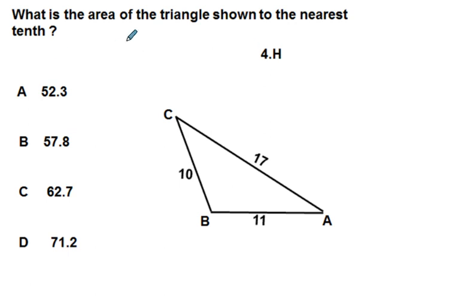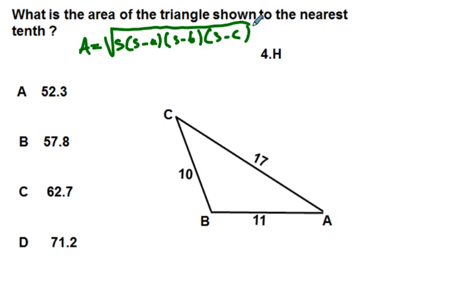As far as area, we have three sides, so we use Heron's formula: area is equal to the square root of S times quantity S minus A times quantity S minus B times quantity S minus C. One thing we did in our class is a little program to do this, but S is the semi-perimeter, which is 17 plus 11 plus 10 divided by 2.